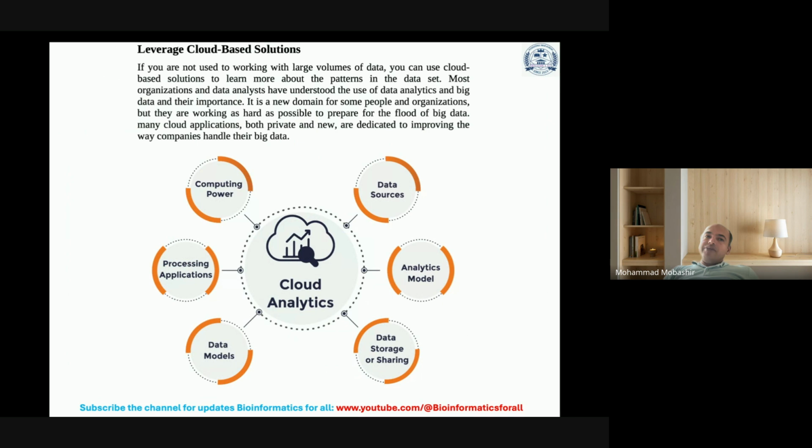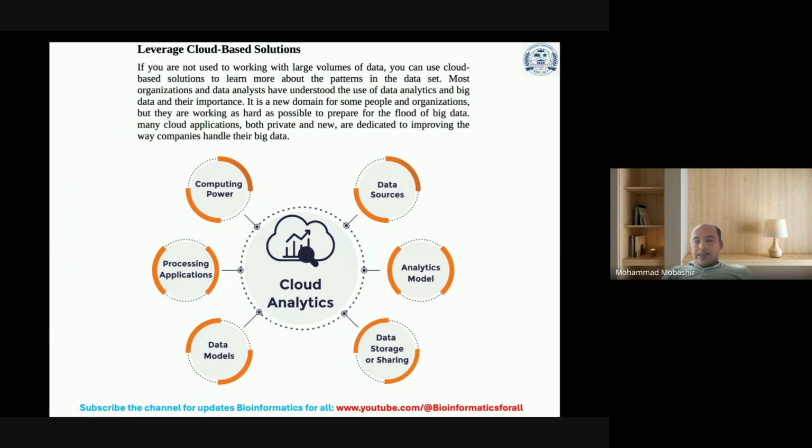Then it comes to leveraging cloud-based solutions. If you're running your own business, then you can also think about how to avoid your own investment. You can just think to utilize the services which are offered. For example, cloud computing can be used for data storage and for processing.